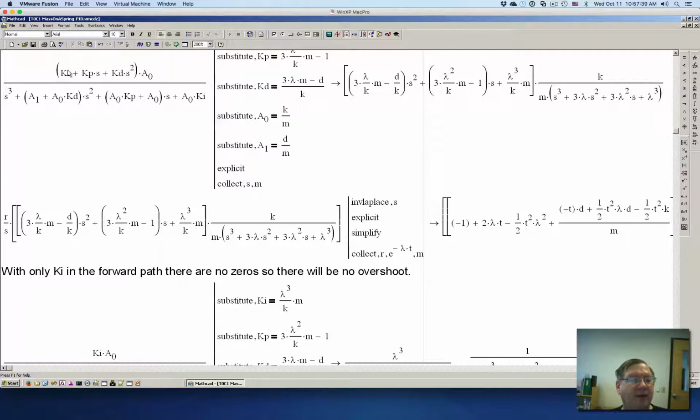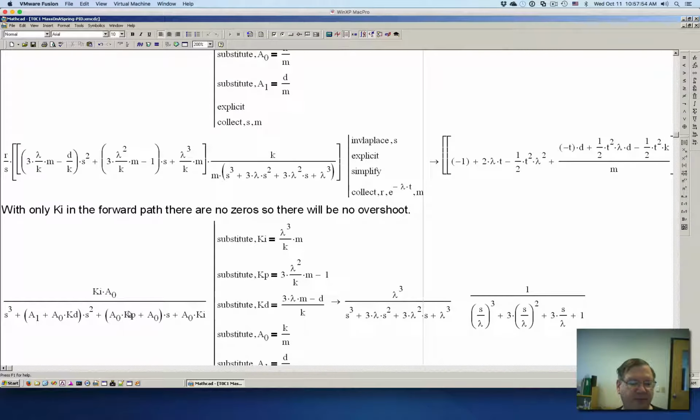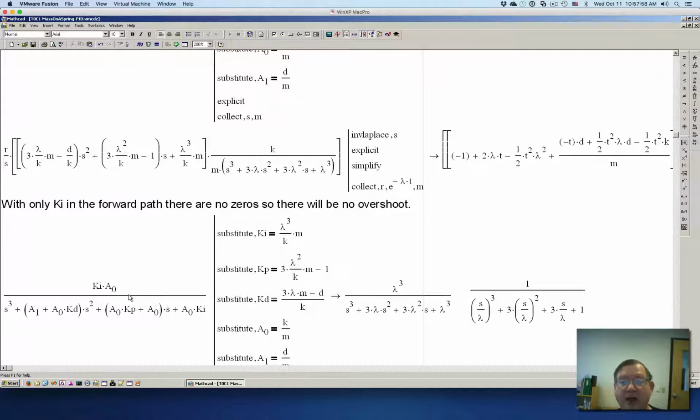And because these gains, like Ki is in both the numerator and denominator, it's working on the error between the target and actual position. But in this example, we have only the Ki gain, or the integrator gain, working on the error between the target and actual position. These other gains are only working on the change in the actual position.